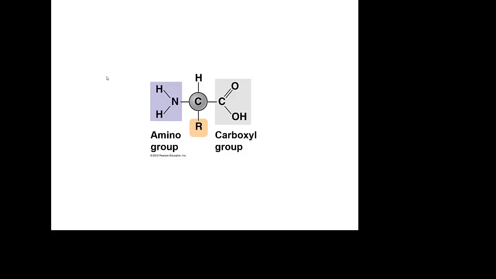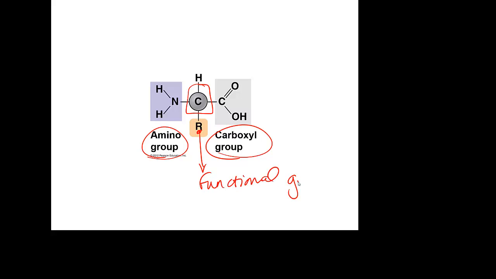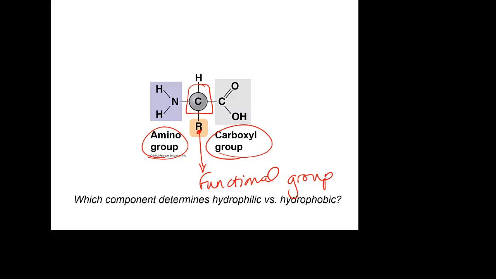This is a basic amino acid structure. The amino group, as I mentioned, the carboxyl group all around this central carbon, and then this R. R is equivalent to functional group. No, I don't know why it is R, sorry. But which component of this would determine whether or not an amino acid is hydrophilic or hydrophobic?